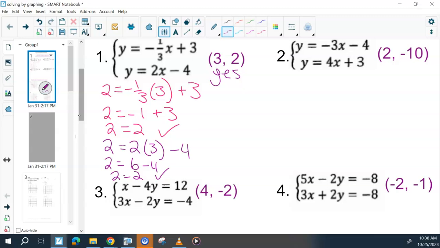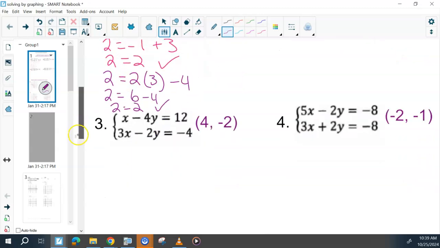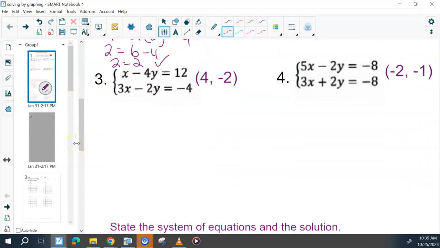Okay, we're going to do number 3. Now, 3 is not in the same format. We don't have to change it. We can do exactly what we just did. Put 4 in for the x's and put -2 in for the y's. So let's do the first one. And we're going to see, does this equal 12?